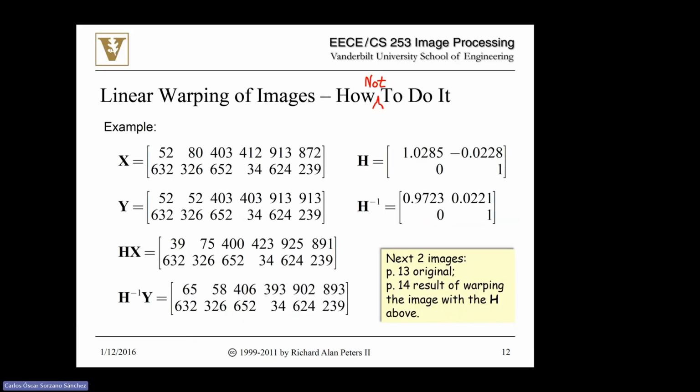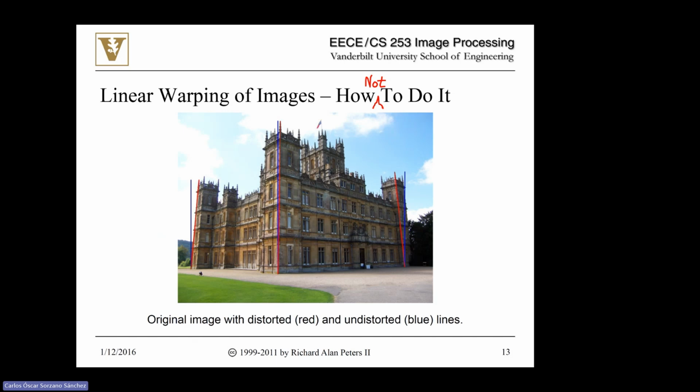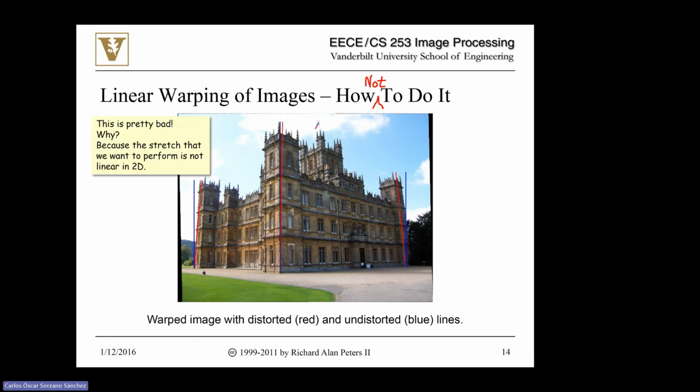Okay, then we apply it, and this is what we have. So this is where we start. This is where we want to be. And this is our transformation. So it is a little bit better, but not exactly as it should be. We wanted to go from the tilted tower to the straight tower.